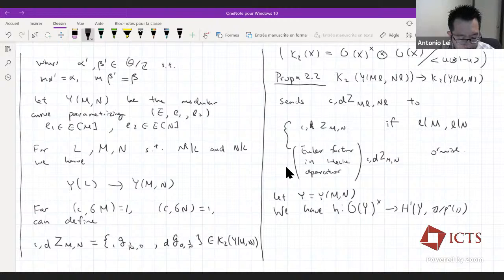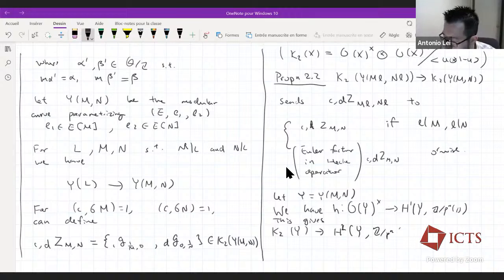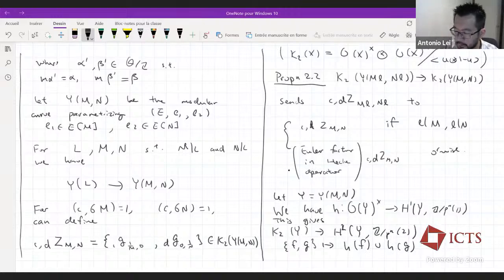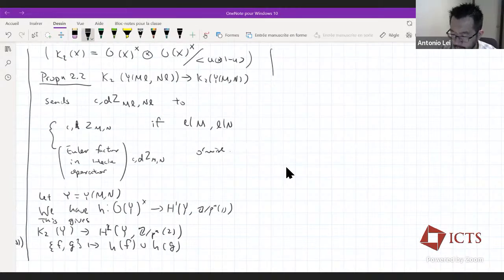Here we have a map like this, and then you have a map going from K2 of Y to H^2 of Y, Z_p(2), and then I give you a Manin symbol. I can just look at the cup product of H_f and H_g, and so that gives me a system of elements.